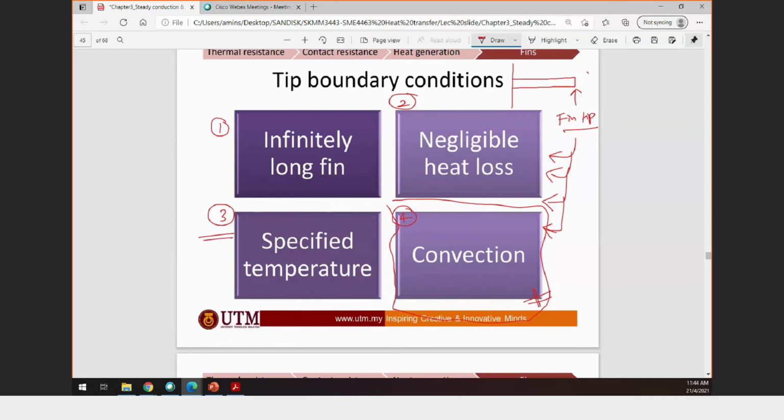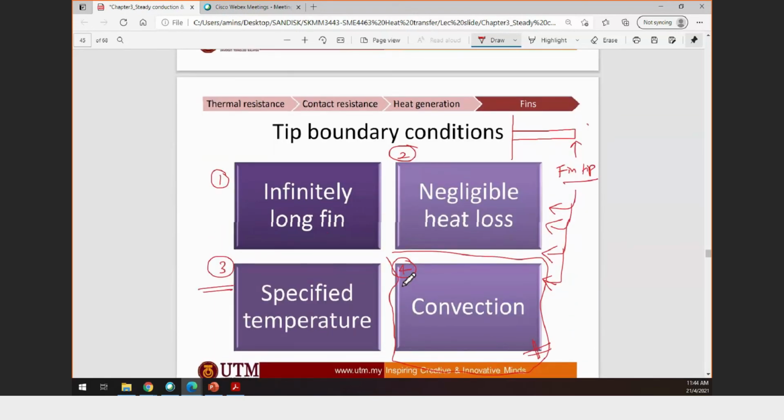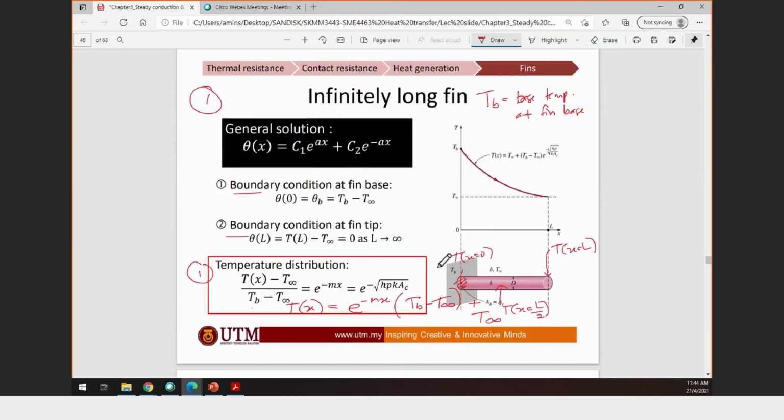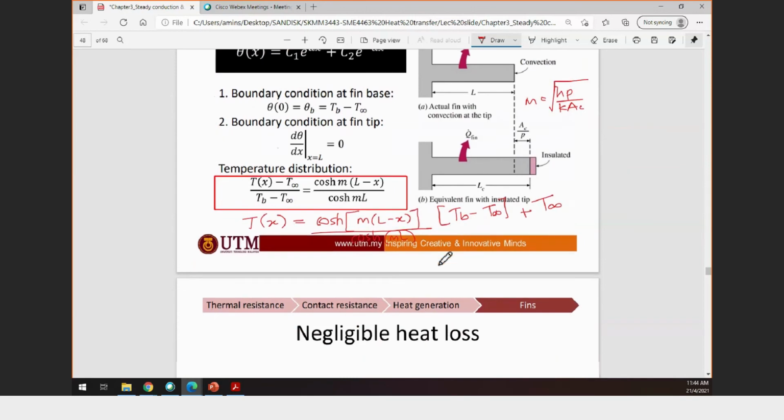Or probably they want to design the fin but the fin has negligible heat loss because the area at the fin tip is very small compared to the body of the fin, then you use the number 2 condition. And of course, if none of 1, 2, 3 is applicable for the condition you want to select, lastly, number 4 is the only analysis available for the heat transfer in fin analysis.